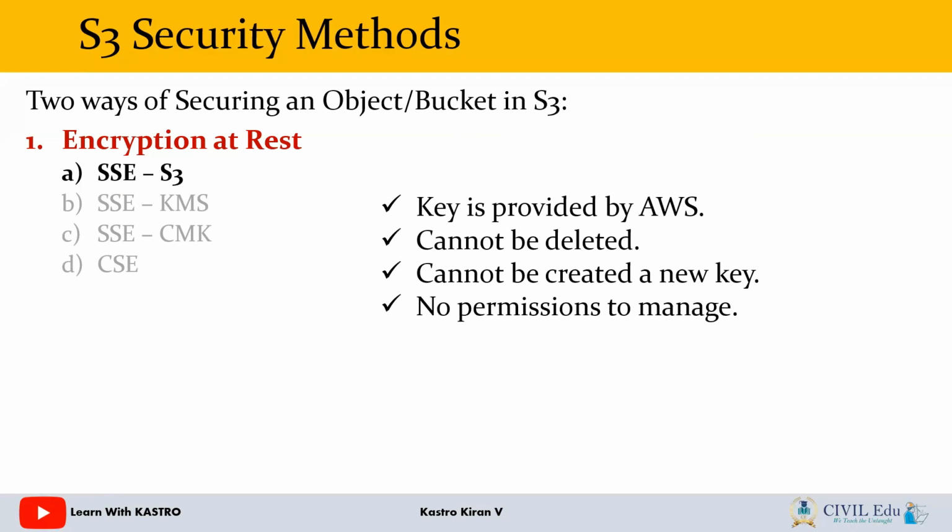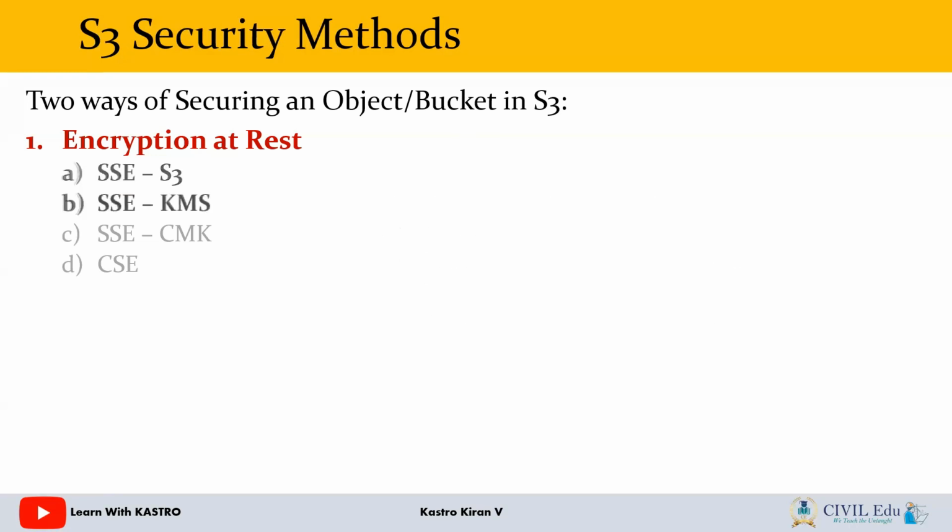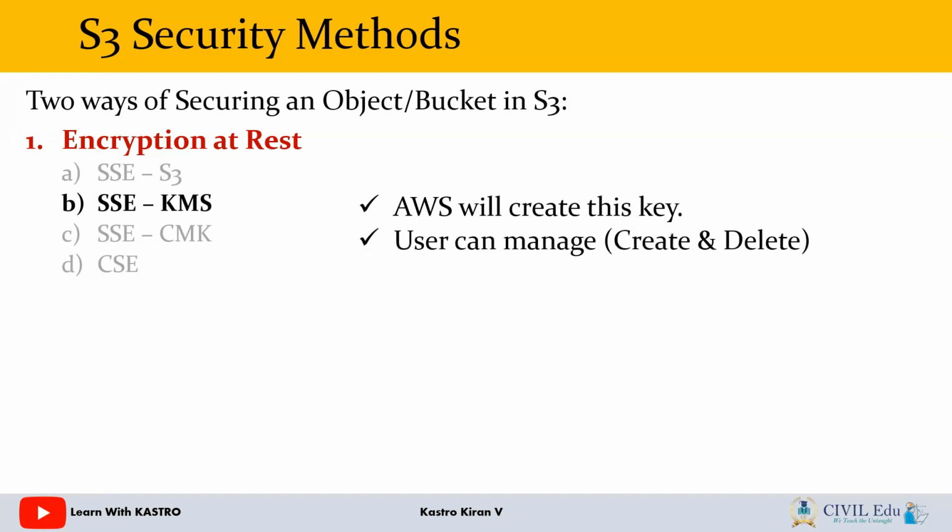And the second type of encryption at rest is known as KMS, which is also called as key management service. Now, this KMS is something which will be created by AWS. And by using this KMS key, we can manage the key. That is, we can create a new key if we want, and we can also delete the KMS key whenever we don't need that key.